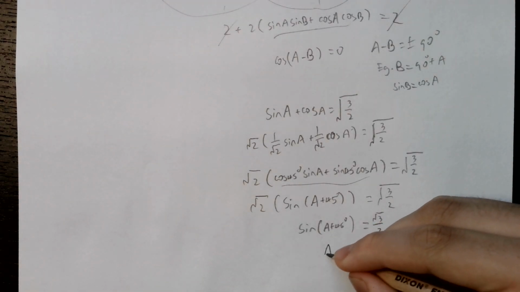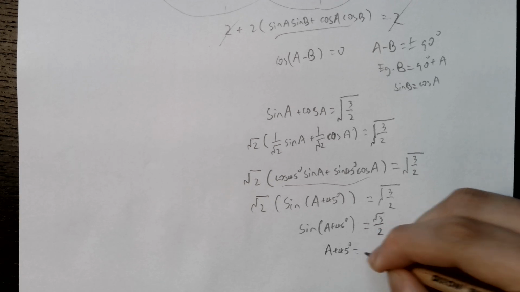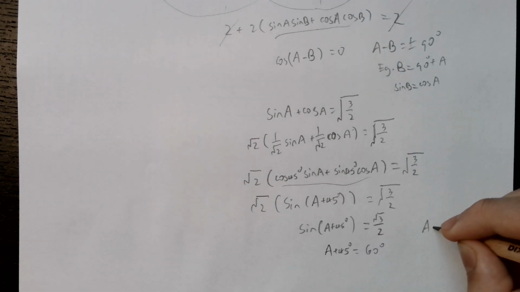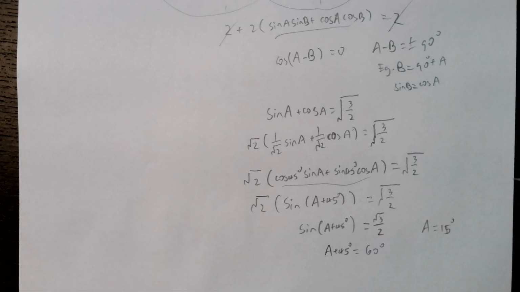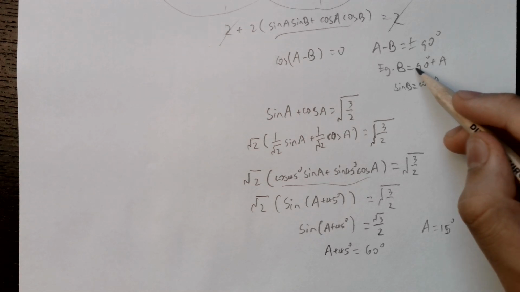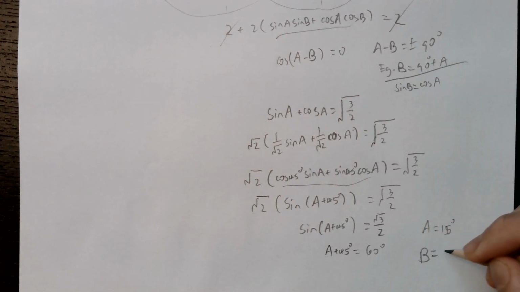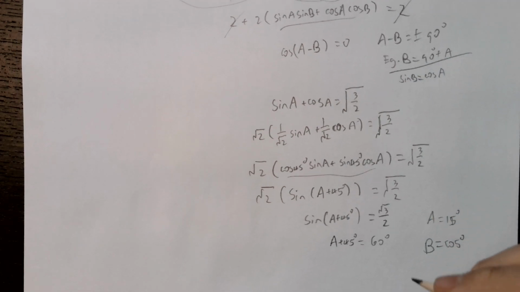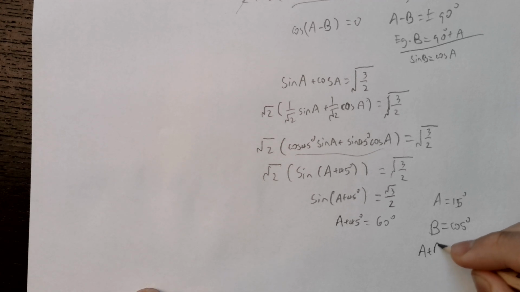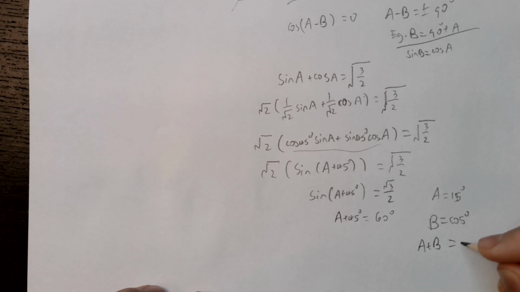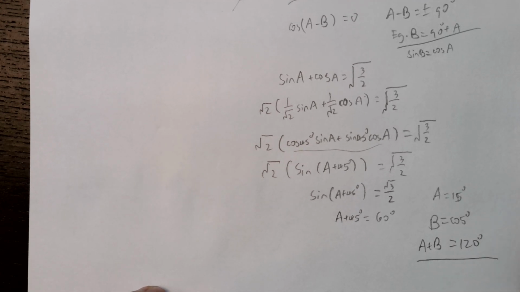And this means that A plus 45 degrees is equal to 60 degrees, and so A has to be equal to 15 degrees. Since B is equal to 90 degrees plus A, B has to be equal to 105 degrees. And so A plus B, as the question asks for, is going to be equal to 120 degrees. So that's your answer.